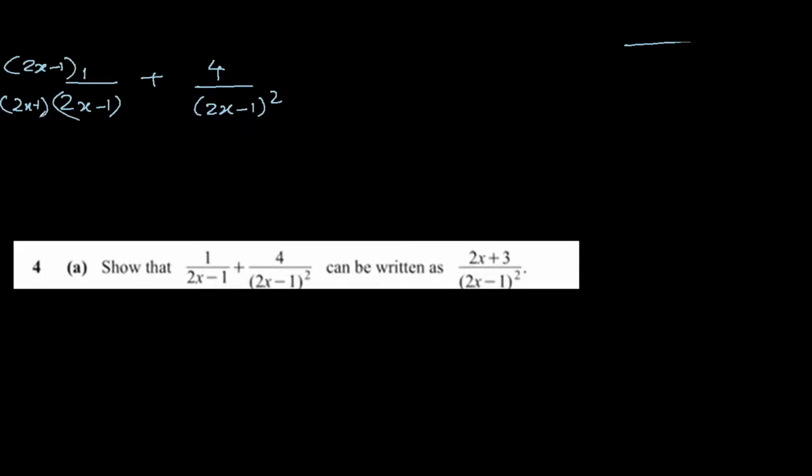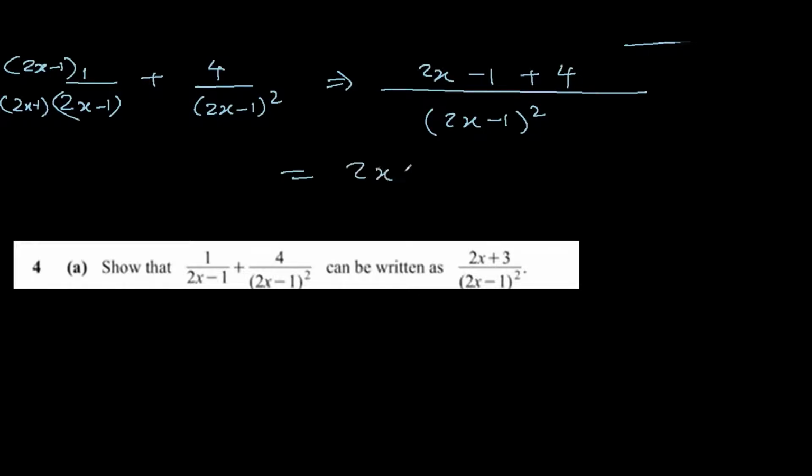So multiply up and down by the same expression, you effectively multiply by 1, which is okay. Now both of them have the same denominator, so we can merge the numerators. 1 times 2x minus 1 is this, and plus 4 is alone. So we get what they want, 2x plus 3 over 2x minus 1 squared, and done.